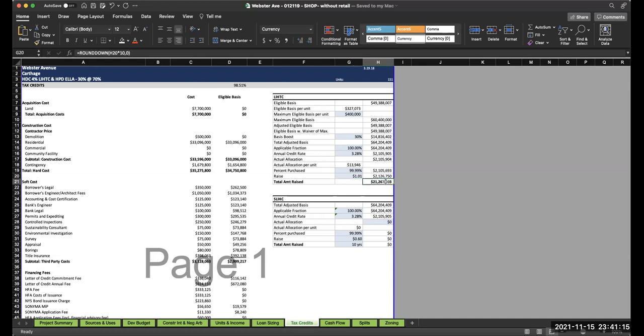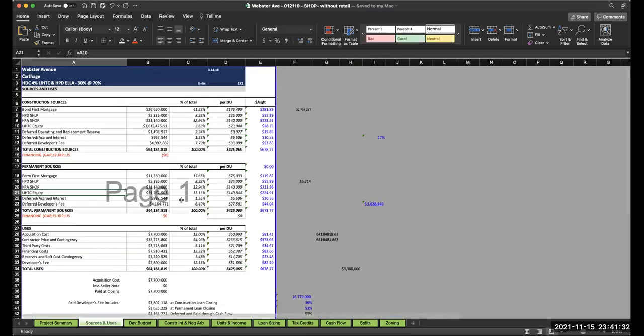That gives you a grand total of 21 million, right? So 21 million is the total low-income housing tax credit equity that the deal can justify, right? And you fast forward back over here, you see that 21 million again, right?